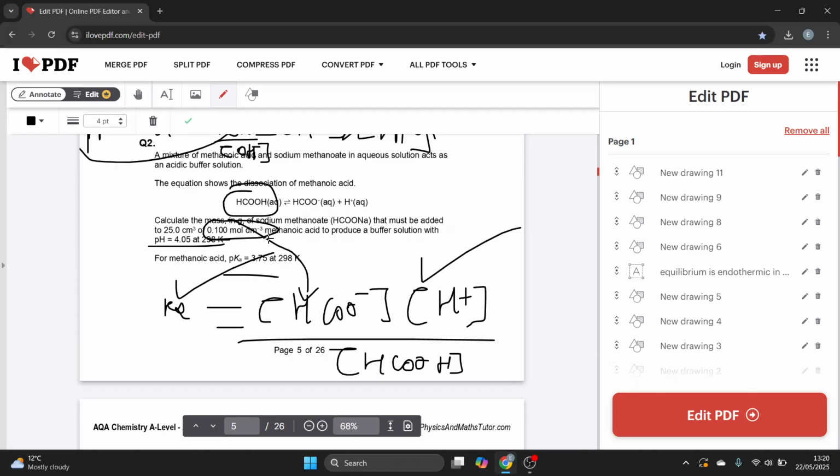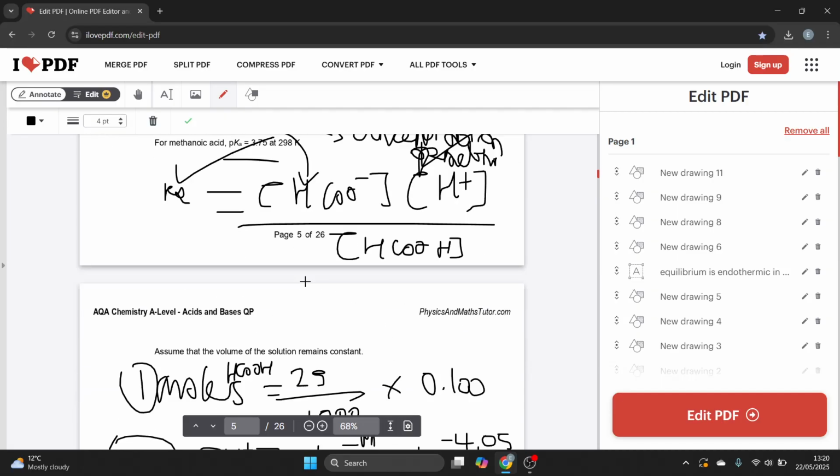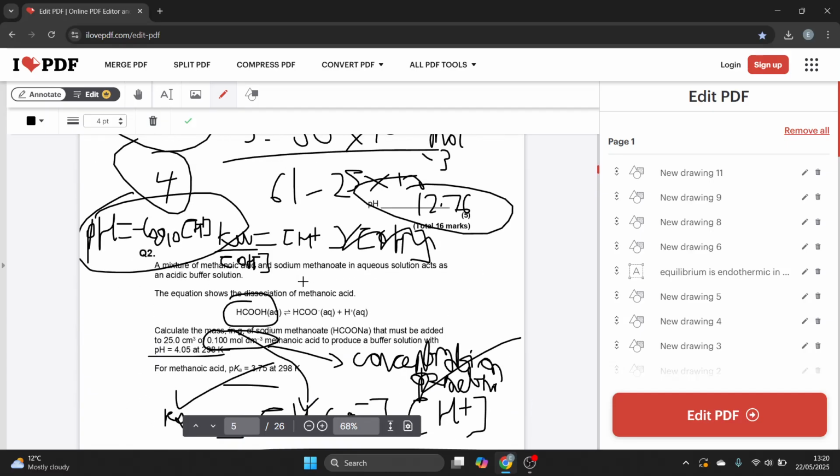That is already the concentration of methanoic acid. So what am I even doing, right? So 10 to the power minus 3.75 times 0.10 divided by the concentration of H plus ions, which is 10 to the power minus 0.05.